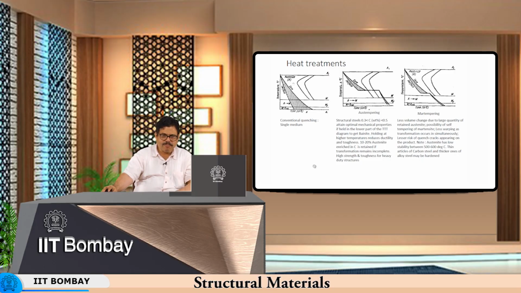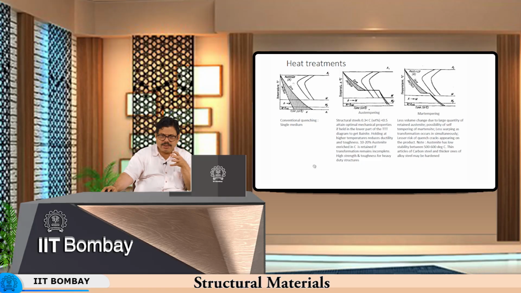Now, here self tempering of martensite is shown. What is happening is that the surface cools down fast, so it forms the martensite fast. The core cools a little slower, and so it has more retained austenite.